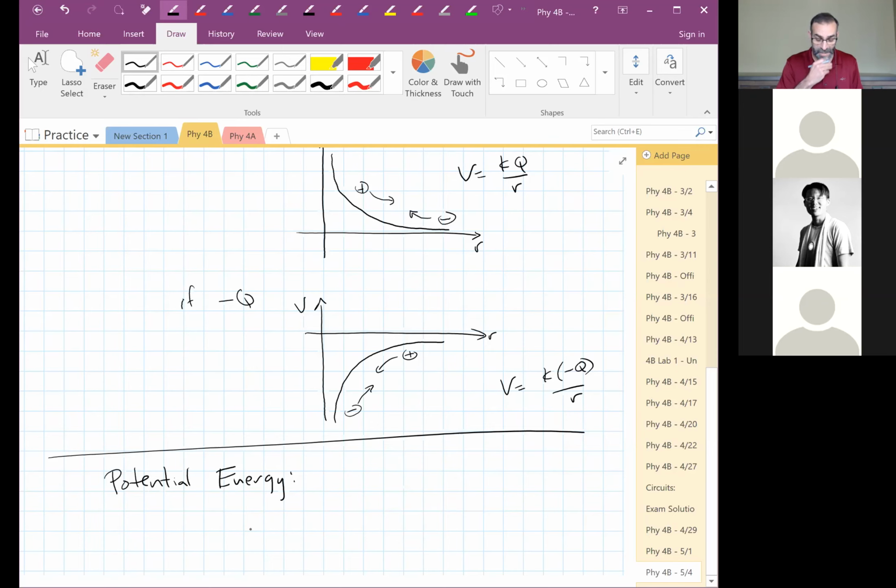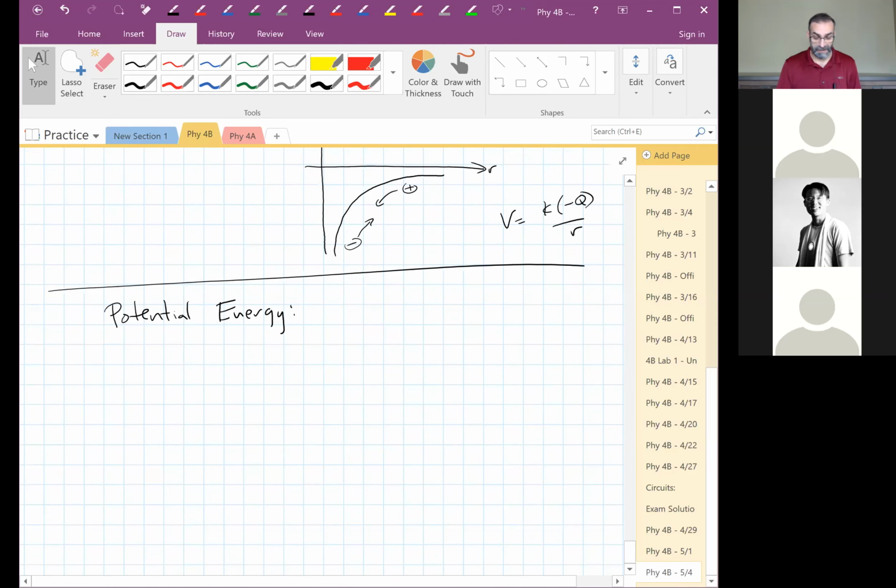So what we've got is a situation that's a little more complicated, because with gravity, we only had two gravitational forces. So let's think about gravity.